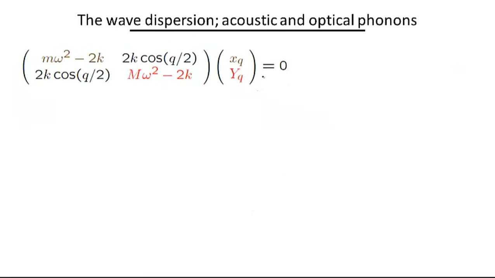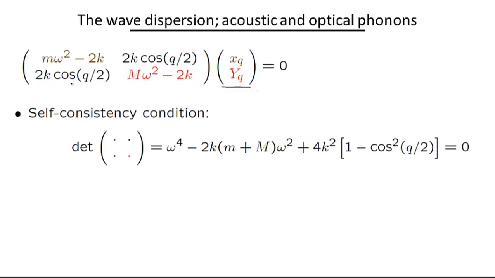And maybe some of you know from linear algebra that in order for me to be able to have a non-trivial solution to this equation, a solution where x and q are not identically equal to 0, I have to ensure that the determinant of this matrix vanishes. And this is the determinant of a 2x2 matrix, which I can calculate.